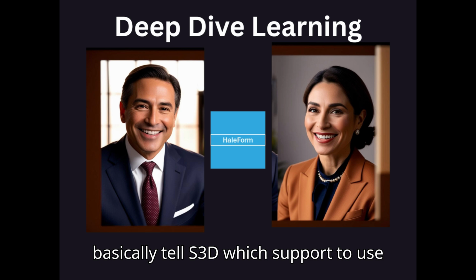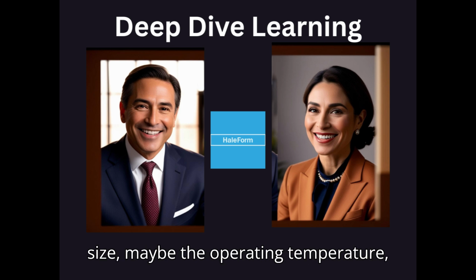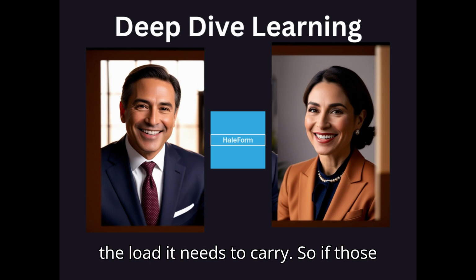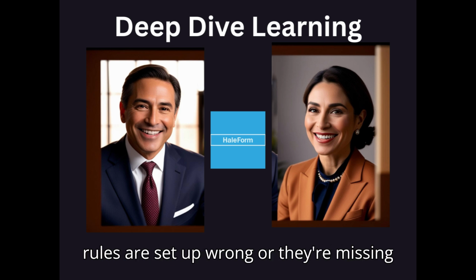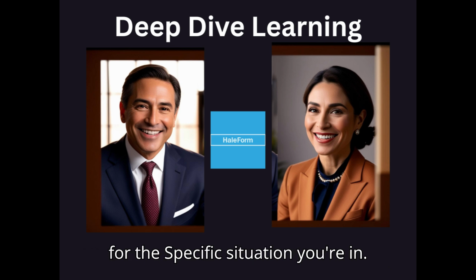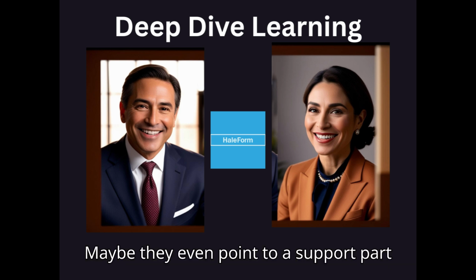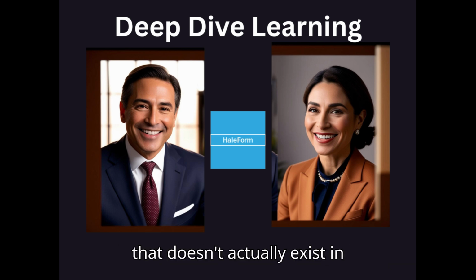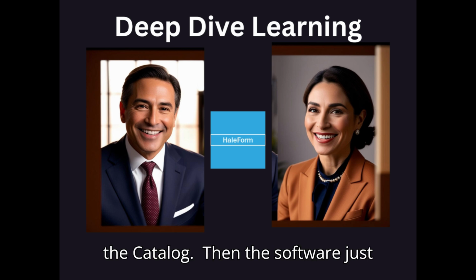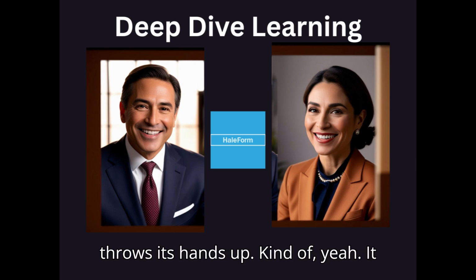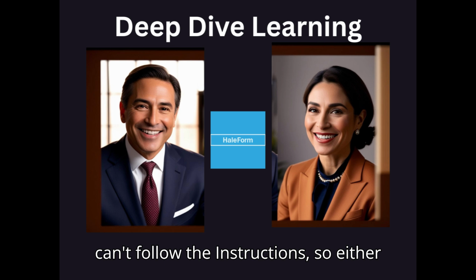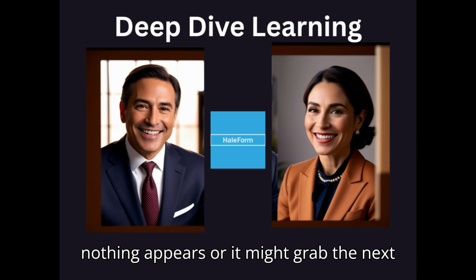These rules basically tell S3D which support to use based on criteria like pipe size, maybe the operating temperature, the load it needs to carry. So if those rules are set up wrong or they're missing for the specific situation you're in, maybe they even point to a support part that doesn't actually exist in the catalog, then the software just throws its hands up. Kinda, yeah. It can't follow the instructions, so either nothing appears or it might grab the next best thing, which could be totally wrong.